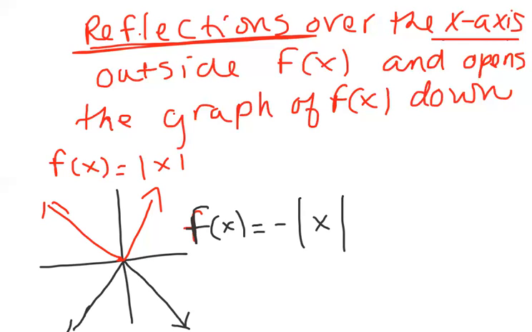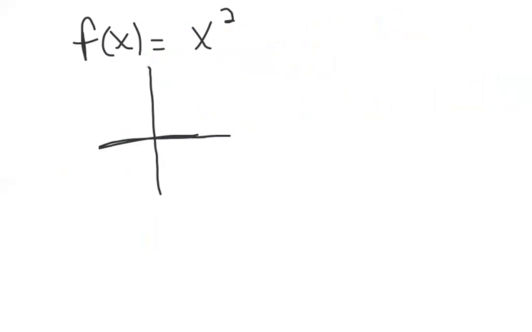So guys, here comes the next one. If we're looking at, let's say, a quadratic, f of x is equal to x squared, okay? So typically the graph of a quadratic looks like this.